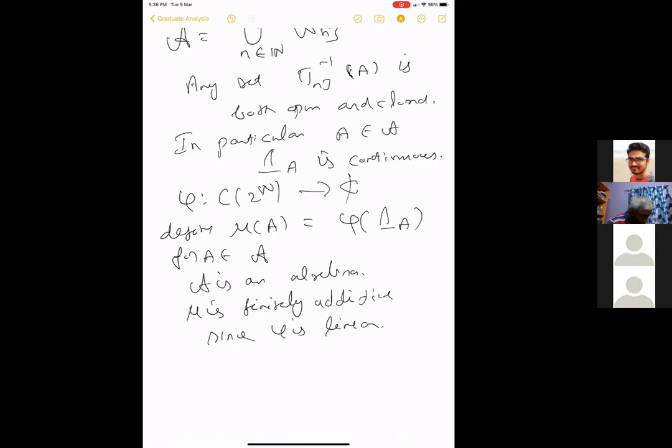If you take mu of a disjoint union of sets A_i, that equals phi of the sum of 1_{A_i}, and the sum you can take out, and it becomes the sum of mu of A_i. Because of that, it's finitely additive.